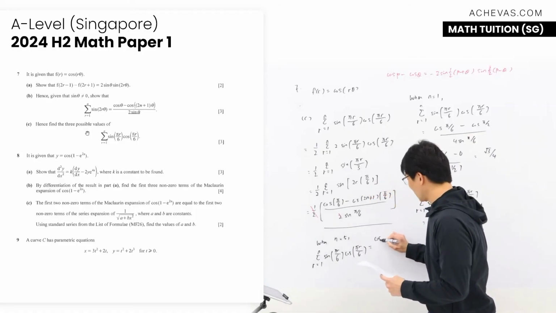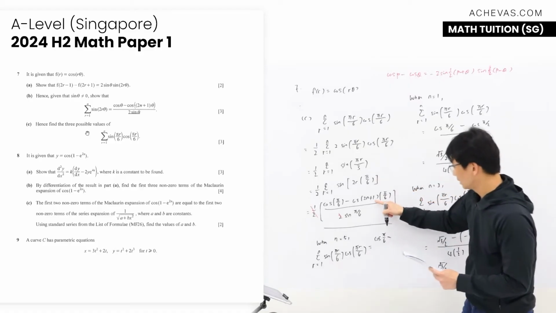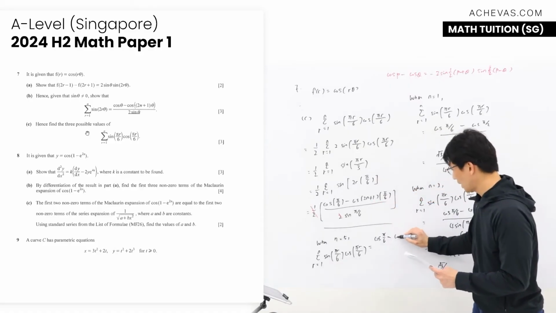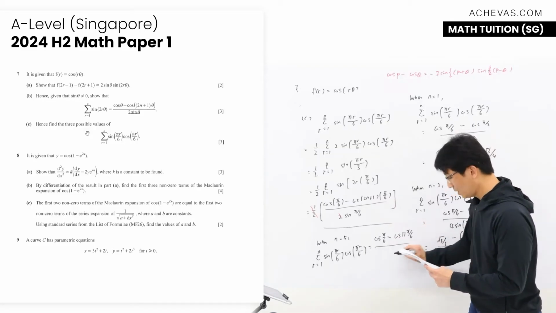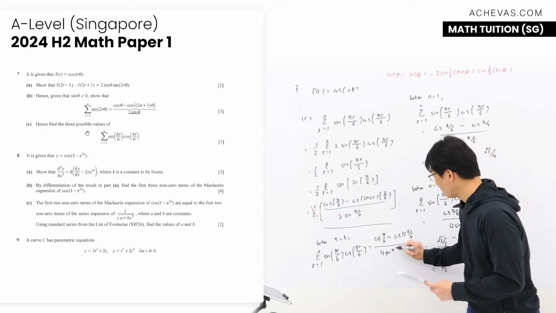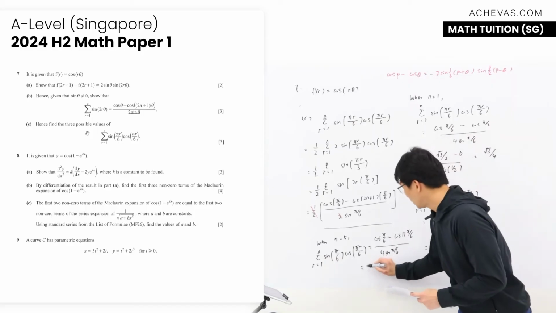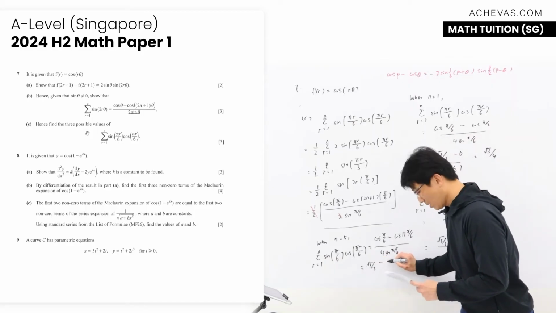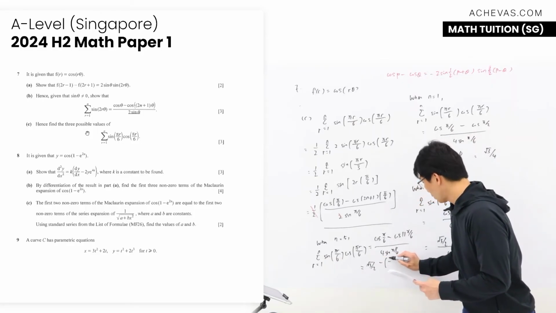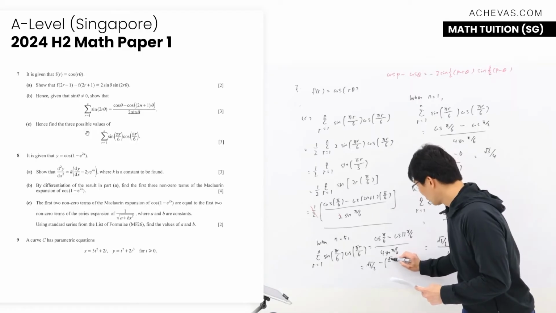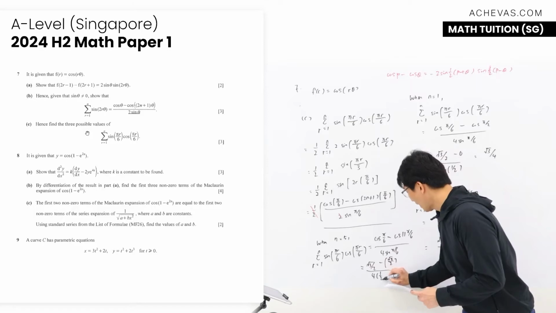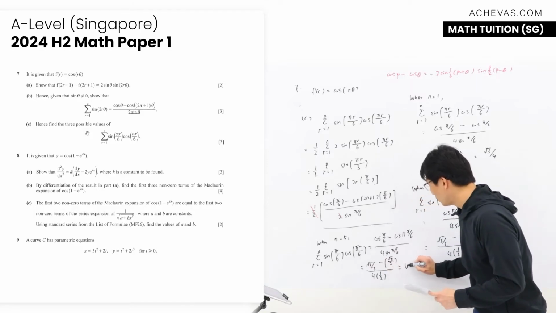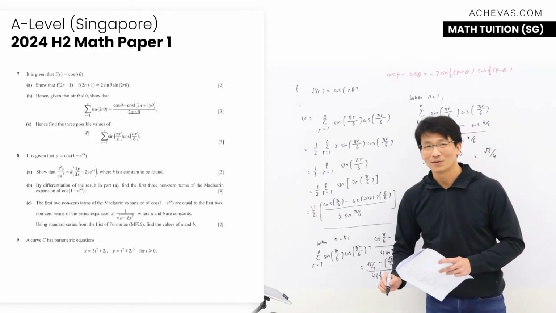This will give me cosine pi over 6 minus, subbing 5 inside here, cosine 11 pi over 6, over 4 sine pi over 6. This will give me square root 3 over 2 minus square root 3 over 2, over 4 half. And the last value which I will get is actually 0.